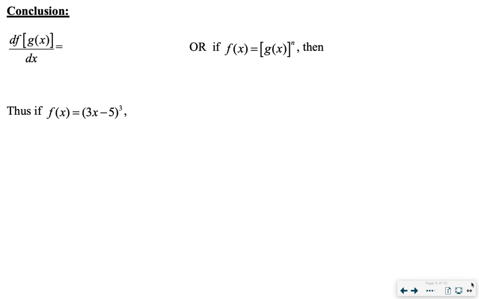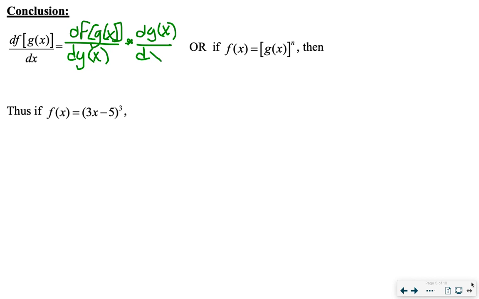So in my conclusion here, if I'm taking the derivative of a composite function, f of g of x with respect to x, I can take that derivative of the composite function with respect to the inside function, g of x, and multiply that by my derivative of g of x with respect to x.